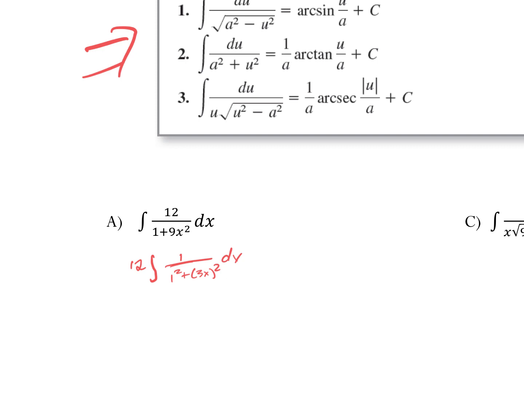Or is it 1 over 12? No, it's just the 12. 12 is a constant. I just moved it out front. Okay, yeah. And as I look at this, I would get A equals 1, U equals 3x.